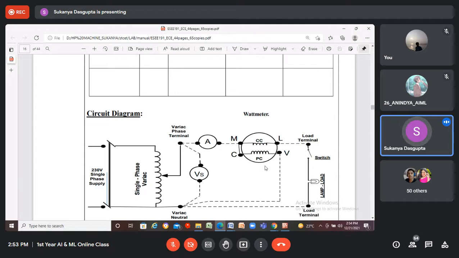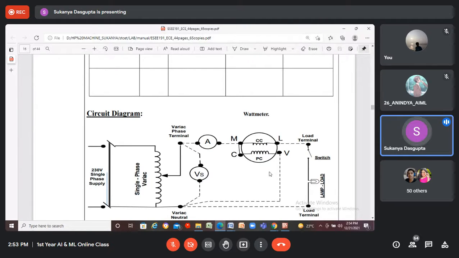So product of VRMS and IRMS will give you the value of power or wattage. Because cos phi here is 1, the power factor is 1. So VI cos phi is actually the true power or the active power in kilowatt or in watt that can be easily measured by this type of wattmeter.